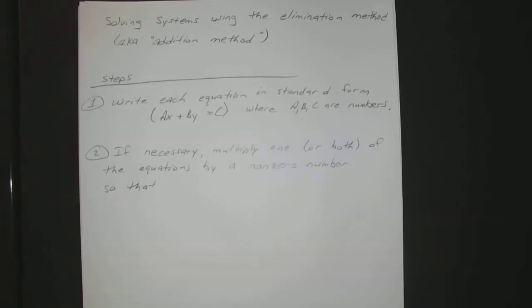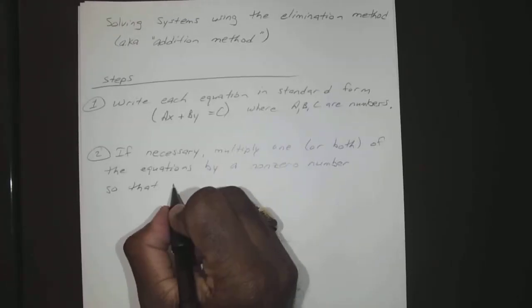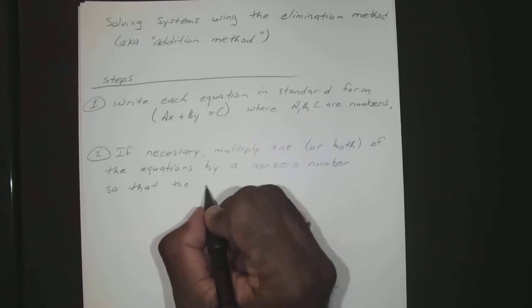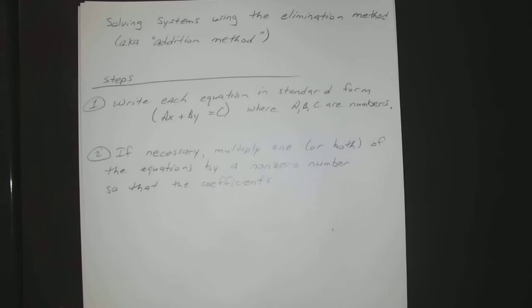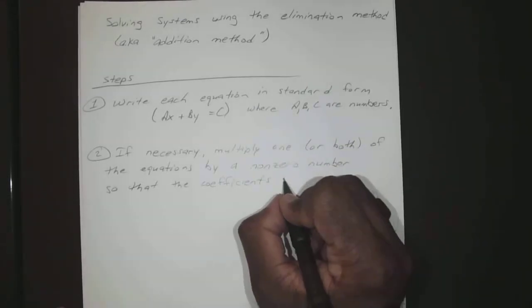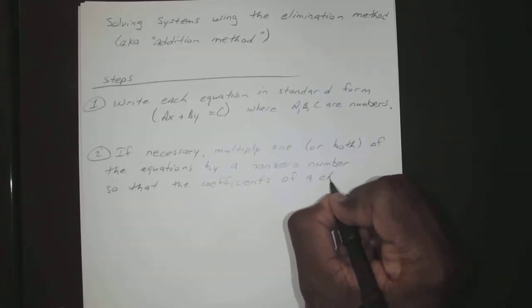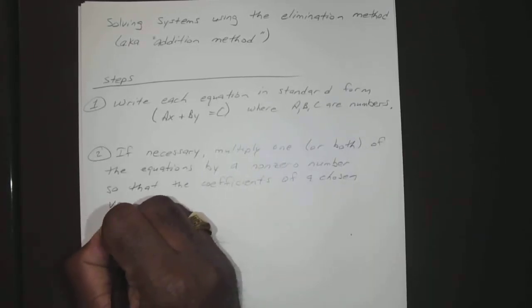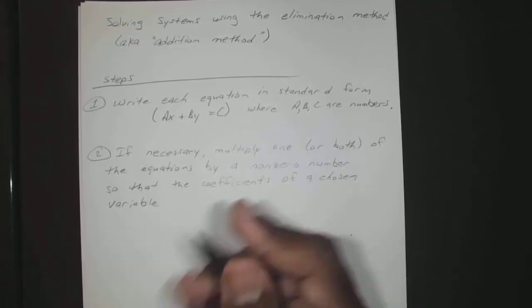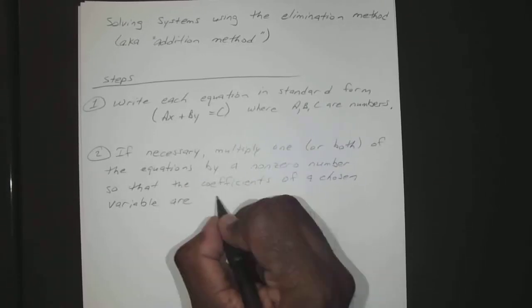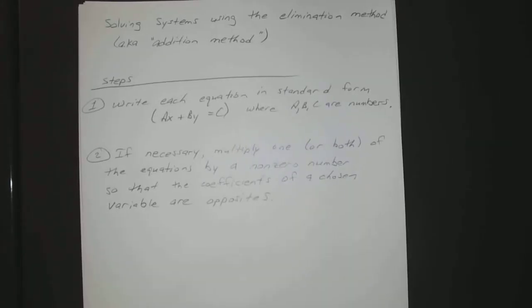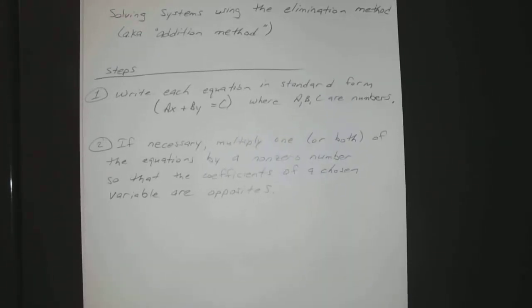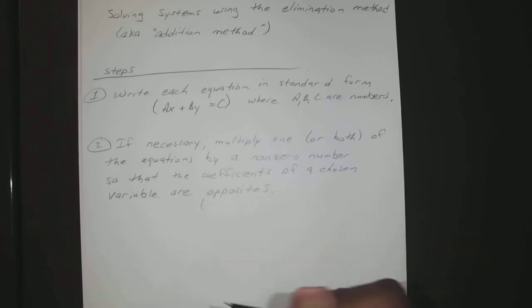So that at least one of the coefficients of a chosen variable are opposites, which is just another way of saying same number, different sign.